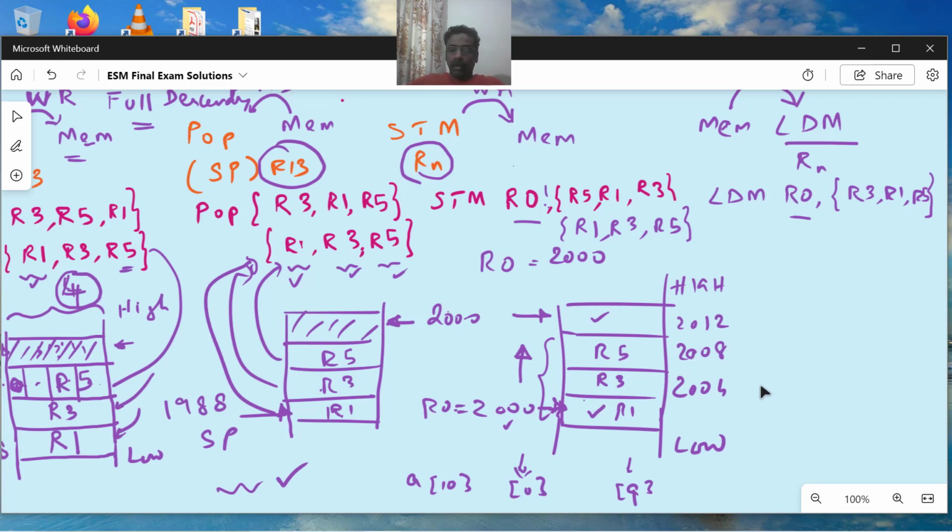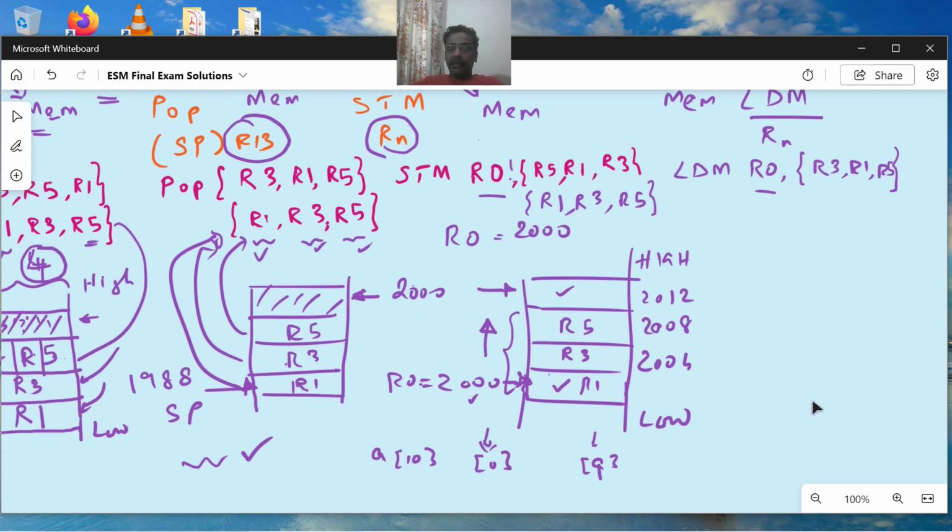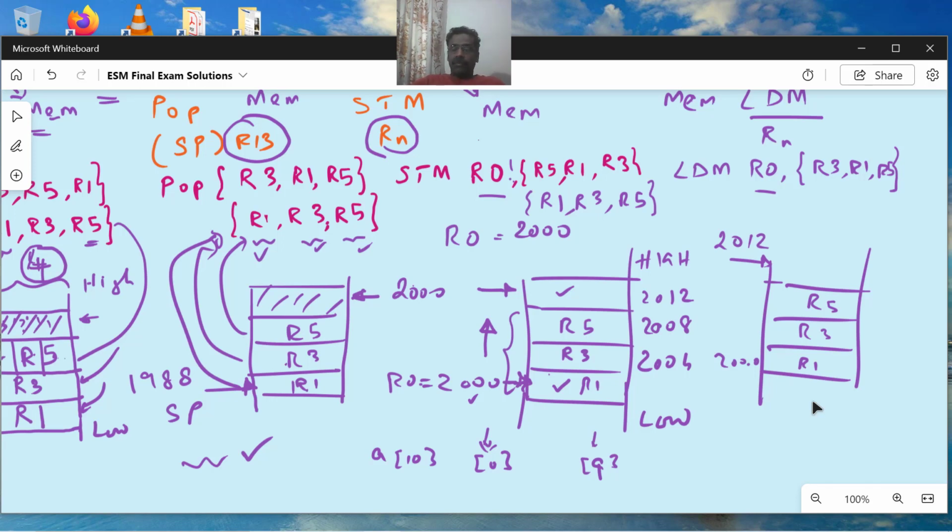Now, what about LDM? Let us assume that I earlier had this address 2000. Now I had put R1 here, R3 here and R5 here, and I am making R0 point here. Now I want to load from this address. What you need to do here is give the address where the first location is.